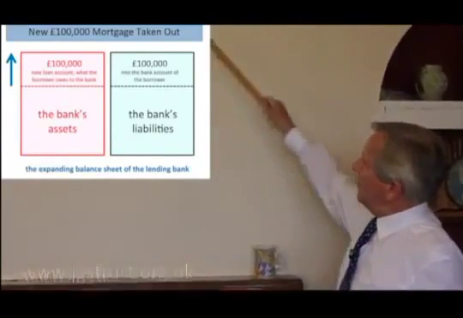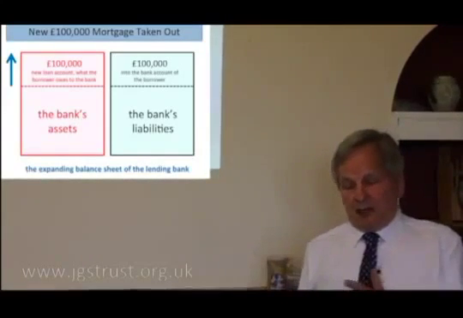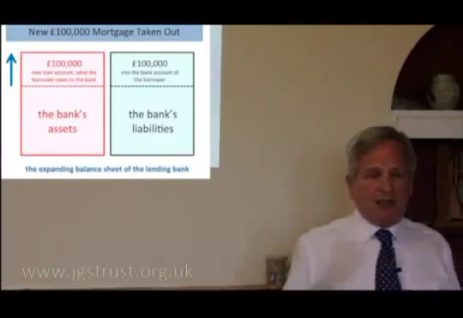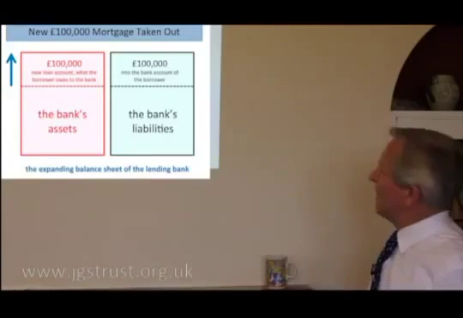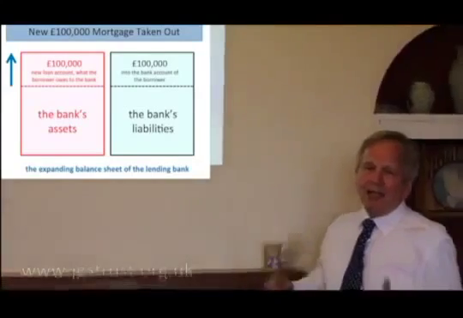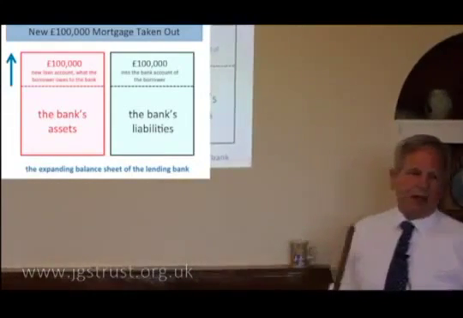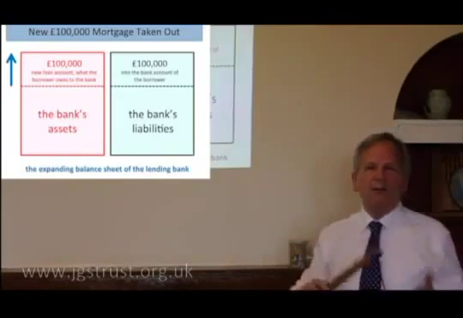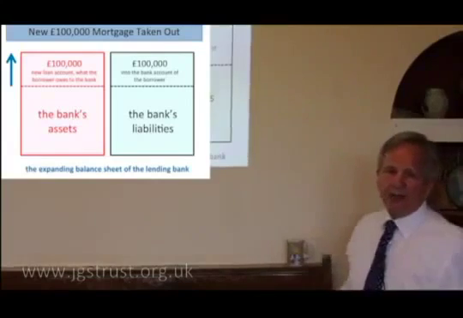Well, the borrower, the person who took out the loan, has £100,000 in his current account. Actually, probably it has gone to his solicitor's current account in practice, but it is a liability to the banking system. When we're just pretending to look at one bank as though everything's happening in one bank, conceptually that's okay if you think of it as the whole banking system.